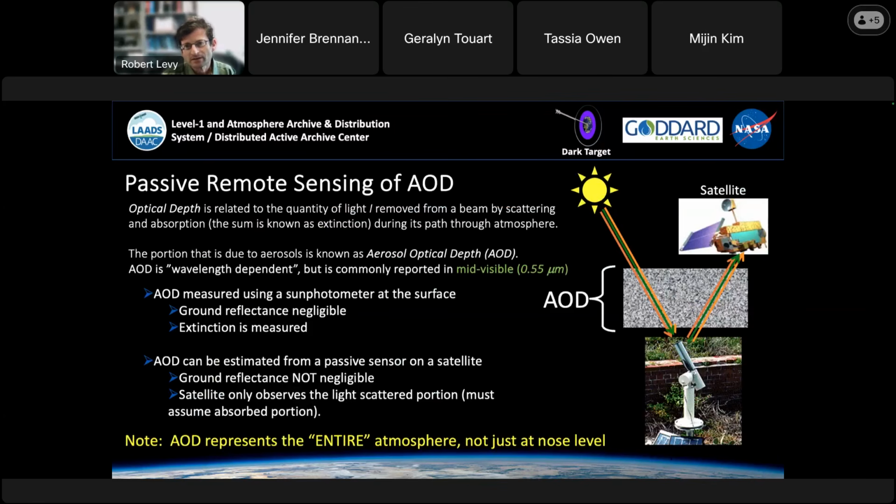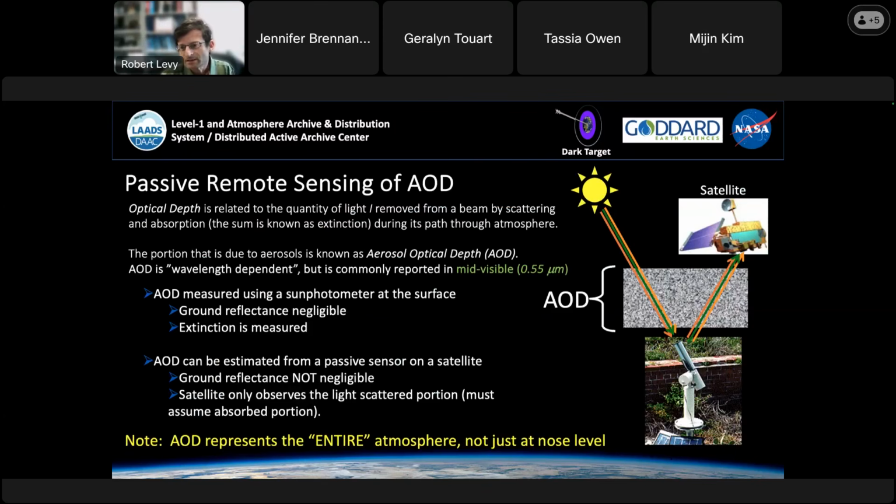One of the properties we're trying to measure is called aerosol optical depth, which is related to the quantity of light removed from a beam by scattering and absorption during its path through the atmosphere. Many of us commonly report it at a mid-visible wavelength, such as the green, 0.55 microns or micrometers.